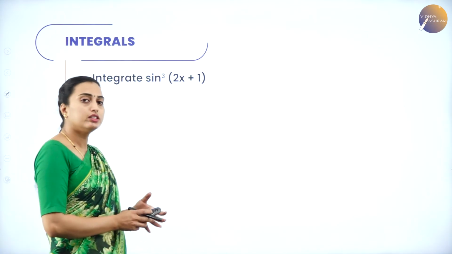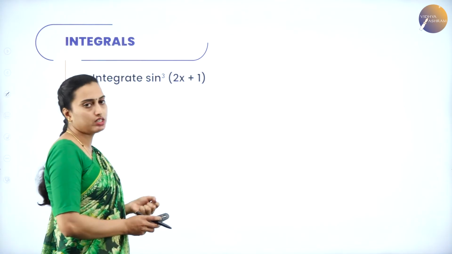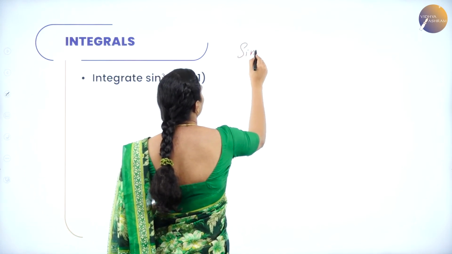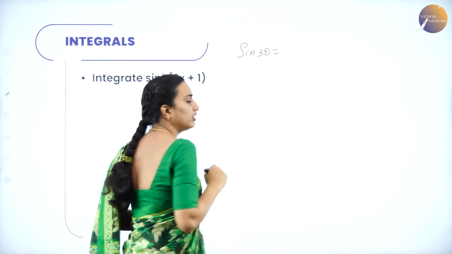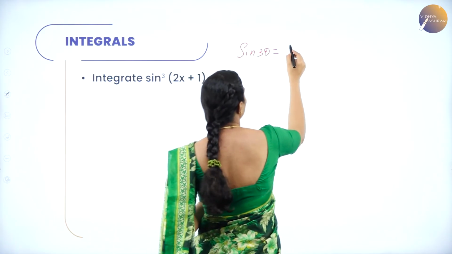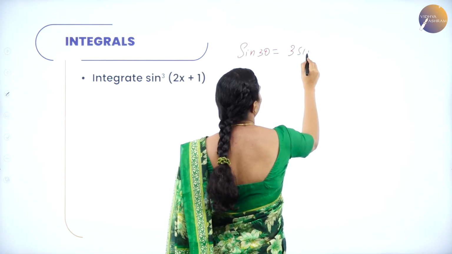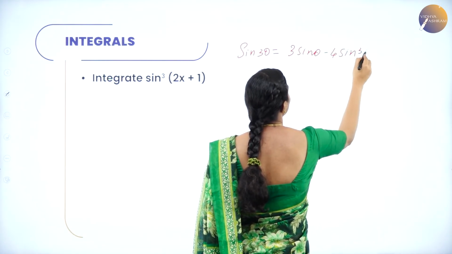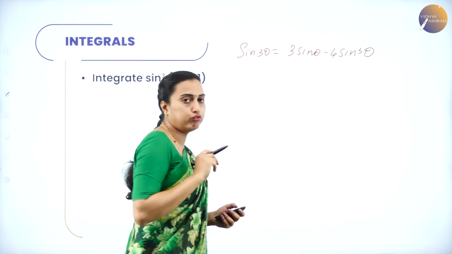Dear students, this is according to sine cube theta, but we know that sine 3 theta can be written in the form of 3 sine theta minus 4 sine cube theta. This is also one trigonometric formula.